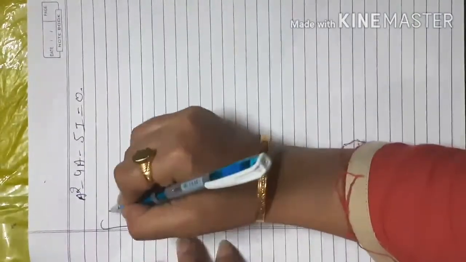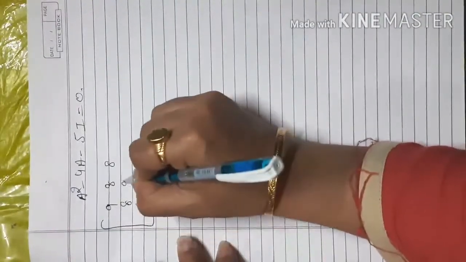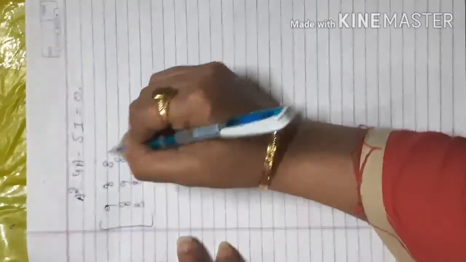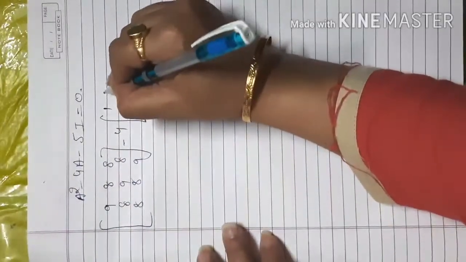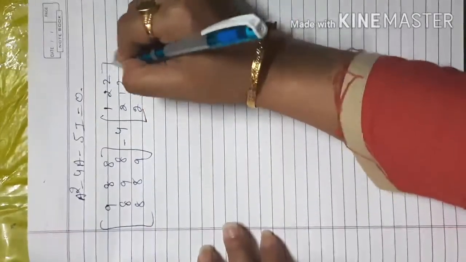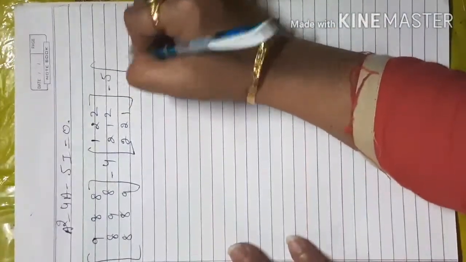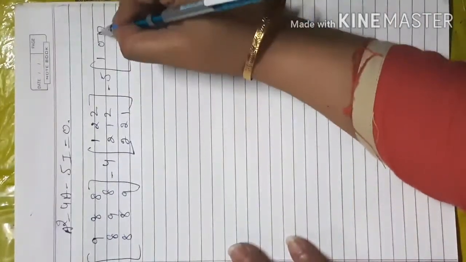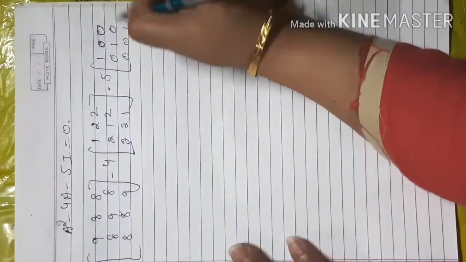So my A square matrix is 9 8 8, 8 9 8, 8 8 9, then minus 4 into my A matrix, which is 1 2 2, 2 1 2 and 2 2 1, then minus 5I. The identity matrix is of the same order: 1 0 0, 0 1 0, 0 0 1.